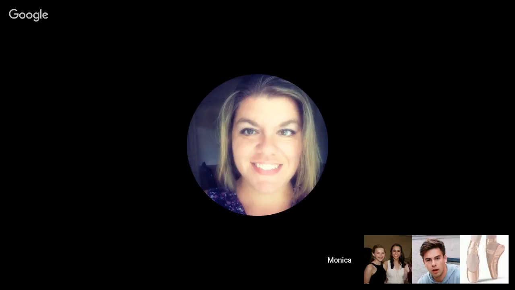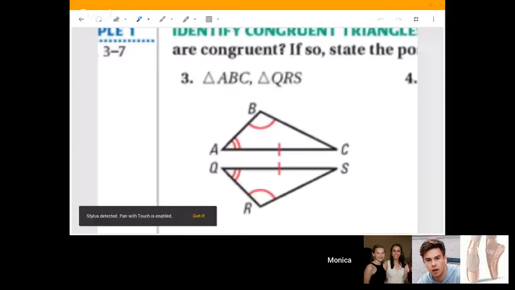Okay, Campbell. So number 3 on the book, we're supposed to state, is it possible to prove that the triangles are congruent? And if so, state the postulate or theorem you would use. Okay.